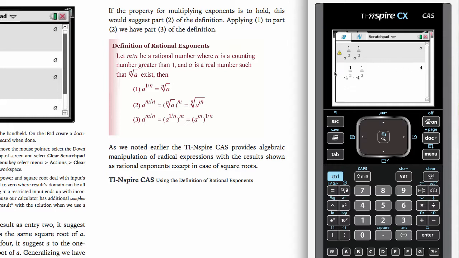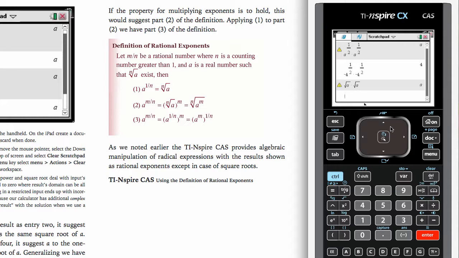In fact, let's take a look at this with the radical now. So we'll go to square root. We'll put in a, move outside, hit times, hit square root, plug in a, and it says the answer is A, just like it did with the half power.